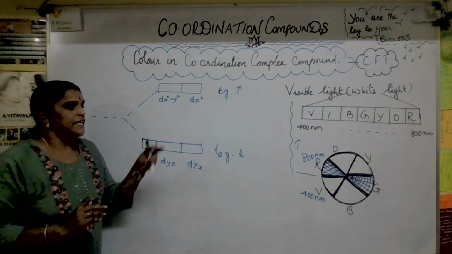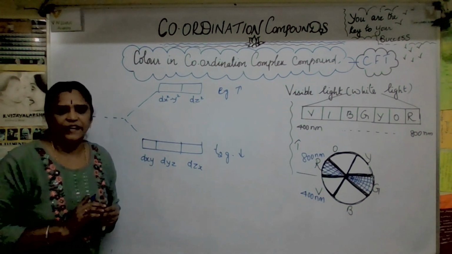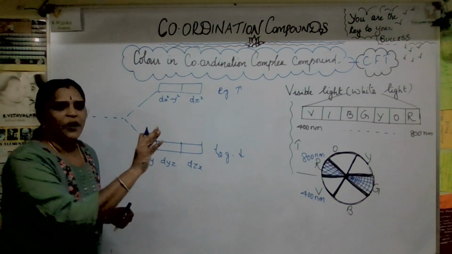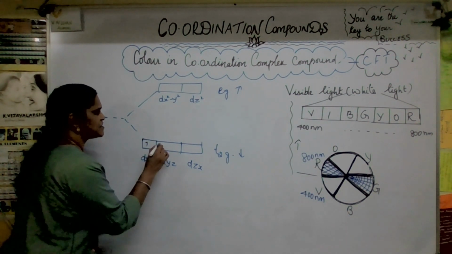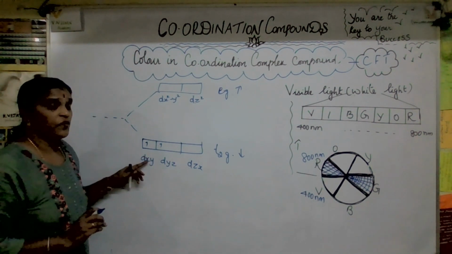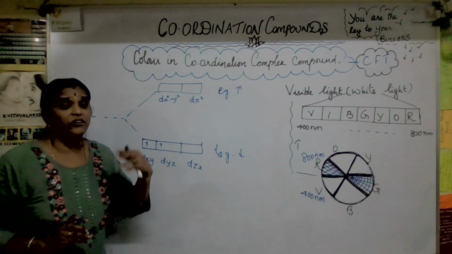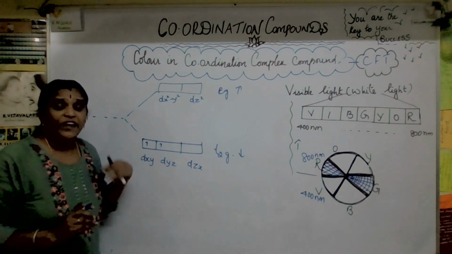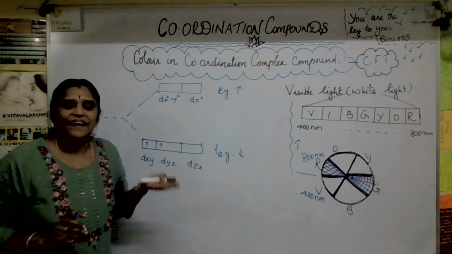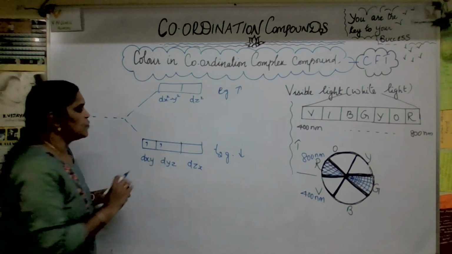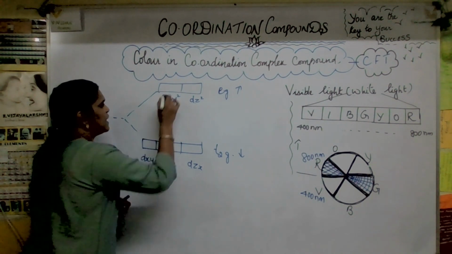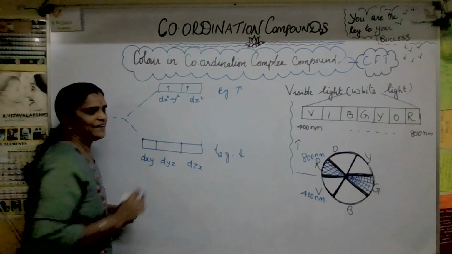Now imagine this is a coordination complex compound, and light passes through it. Actually the electrons are filling in the lower level. This is the ground state. When light is absorbed, naturally the electrons are raised up. The electrons go from the lower level to the higher level.